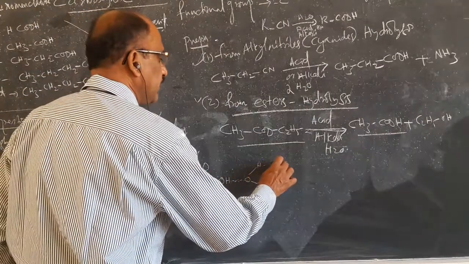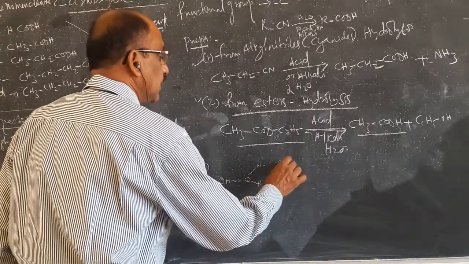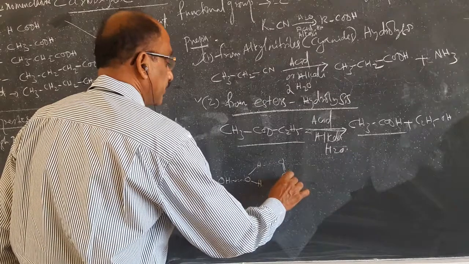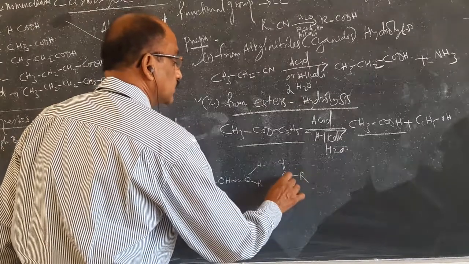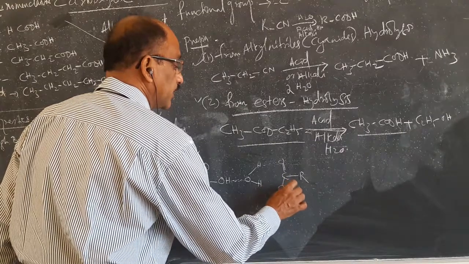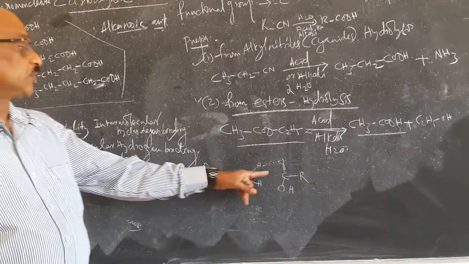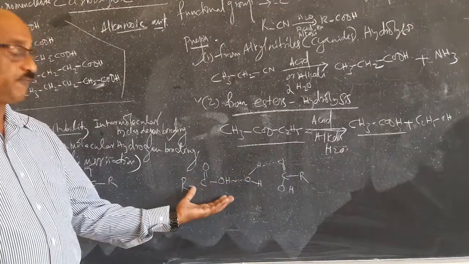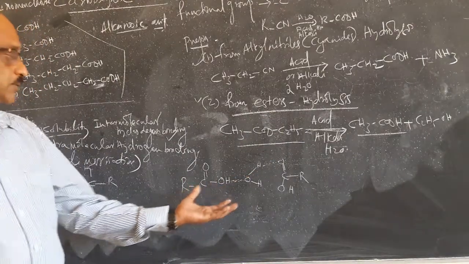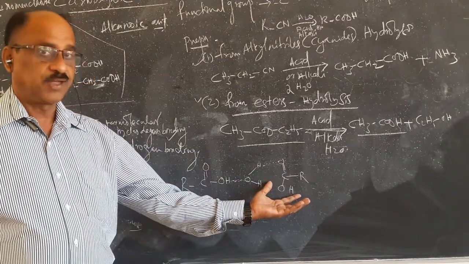Similarly, this can be expressed like this. This can be this oxygen, and this can be another molecule like this. Here also you can write the OH like this, so here also you can represent the hydrogen bonding. So hydrogen bonding between one molecule of acid and water, and another molecule of acid.